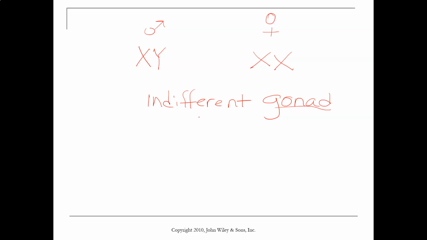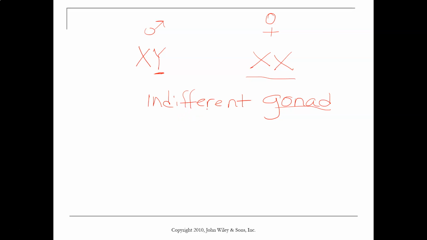And it depends on basically one thing, and that is the Y chromosome. The Y chromosome has genes on it that are needed for the development of the indifferent gonad into testes. The female doesn't have a Y chromosome and lacks those genes. They are not on the X chromosome. So in females, the testes are not going to develop.